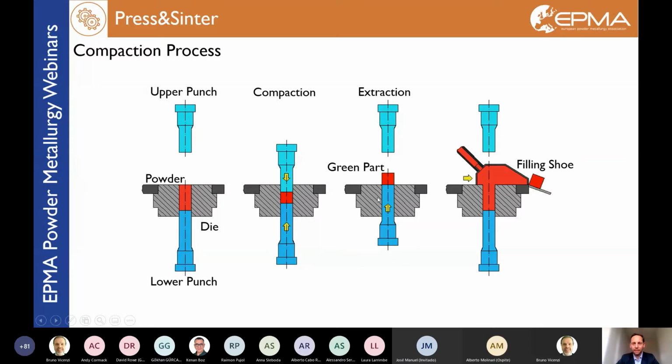After that, the punch is going up or the die is going down in order to extract the so-called green part. And with the next filling step, the powder comes from above from the press, is filled again into the die, and the compacted green part is extracted.